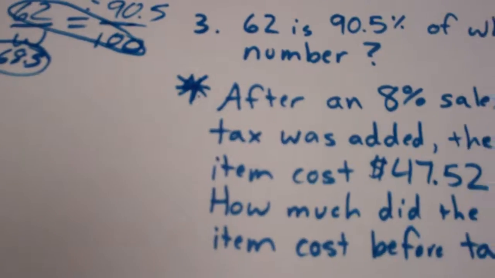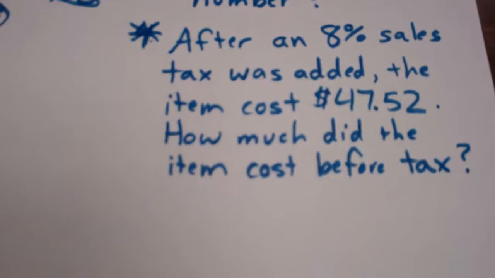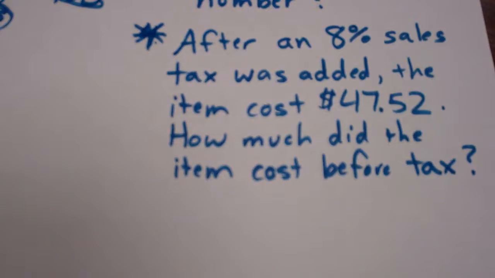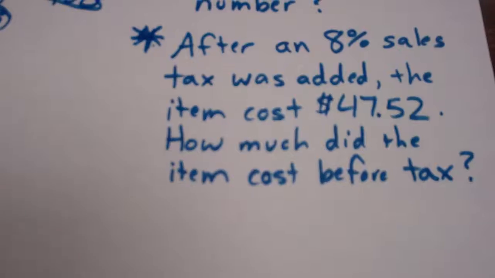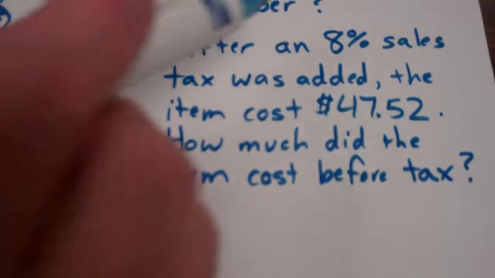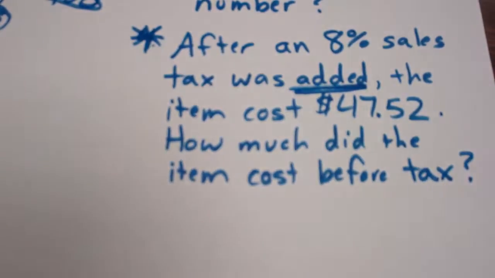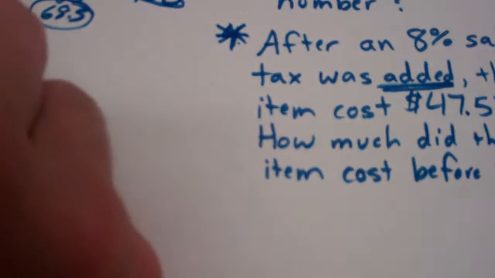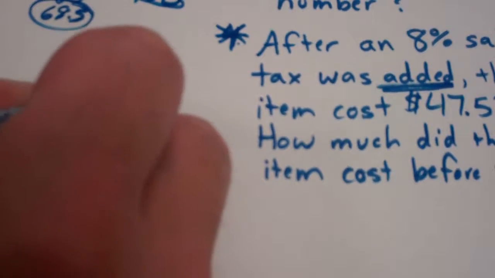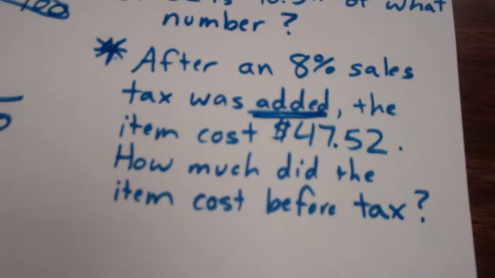So I want to do one more problem that always seems to kind of mess people up if you're not really aware of percents. After an 8% sales tax was added, make sure you understand that we have an addition problem in here. The item cost $47.52. How much did the item cost before tax? So here's what a lot of people will do. They recognize it as a percent problem because it had the word percent in it, right?